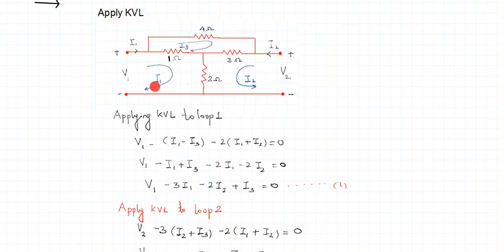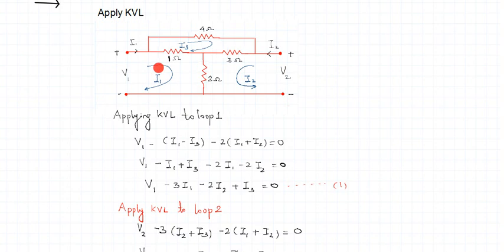So let us apply KVL to loop 1. We'll associate the polarities of V1 and V2 so that we can correctly apply KVL. So these are the polarities of V1 and V2 as shown. Starting with V1, applying KVL, the equation is V1 minus 1 into the current which flows through this resistor.